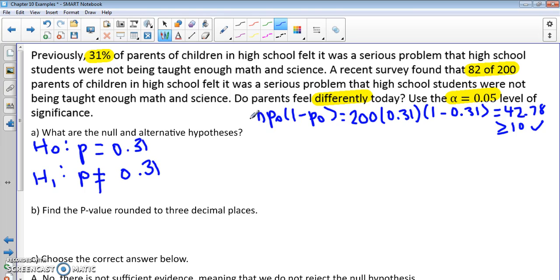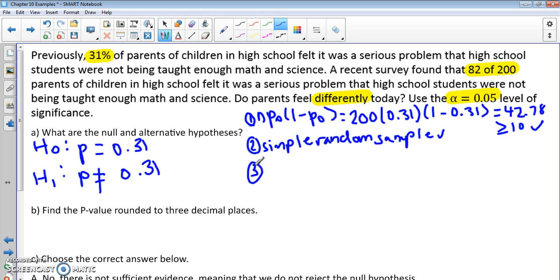So we're good. And we want to verify that we have a simple random sample, and we can reasonably assume that we have a simple random sample.